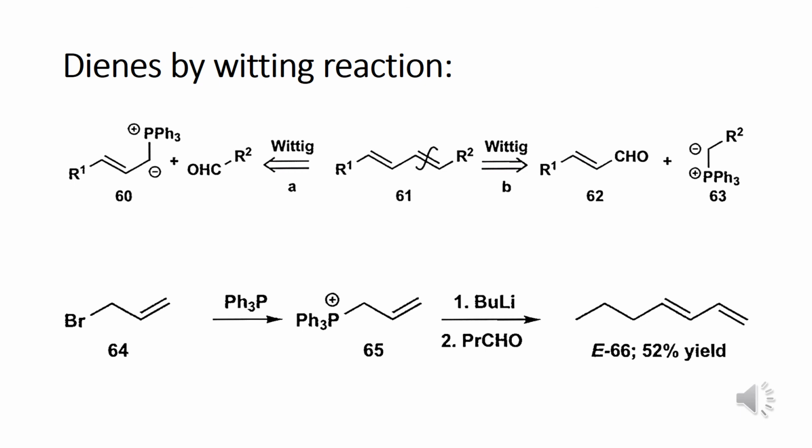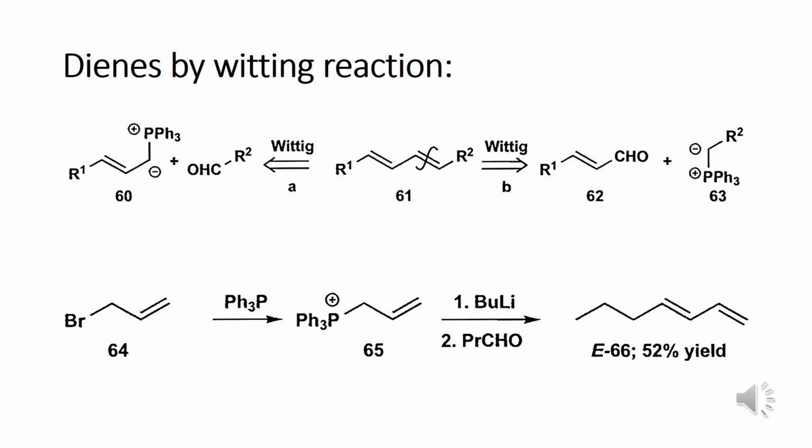The easily prepared enals, that is 62, would react with the unstabilized ylide, that is structure 63, to give the Z isomer of the alkene, but the conjugated allylic ylide, that is structure 60, might give the E isomer of the alkene. So you can see in this reaction the Z and E alkene is going to be obtained by this process. So two pathways are there.